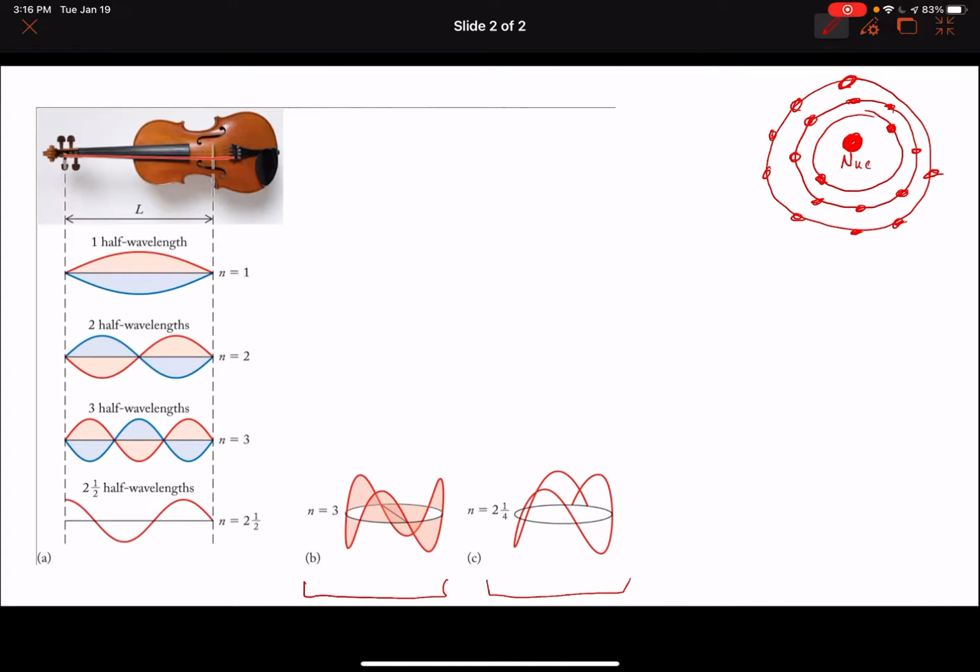Now, one problem with the planetary model that isn't explained by particle type physics and particle models for electrons is that each of these electrons is negative in charge, and the nucleus is very much positive in charge.